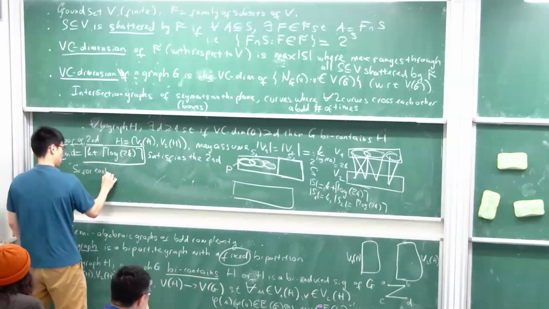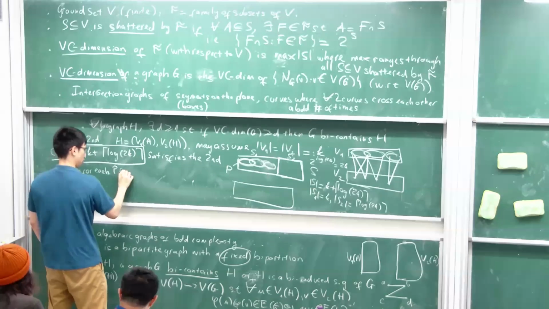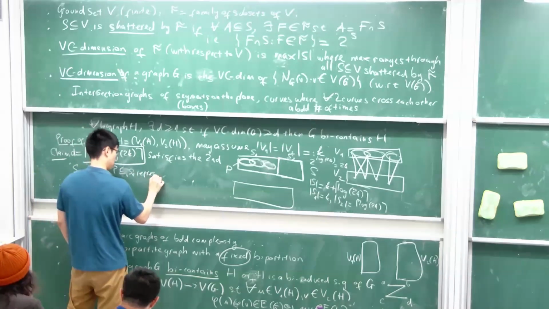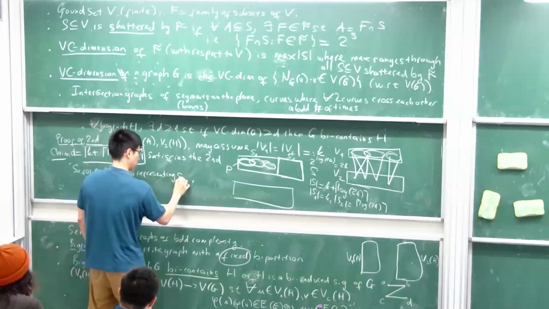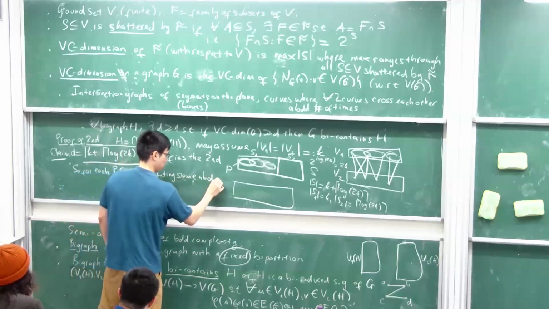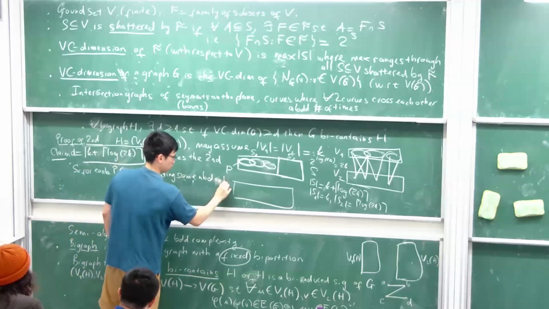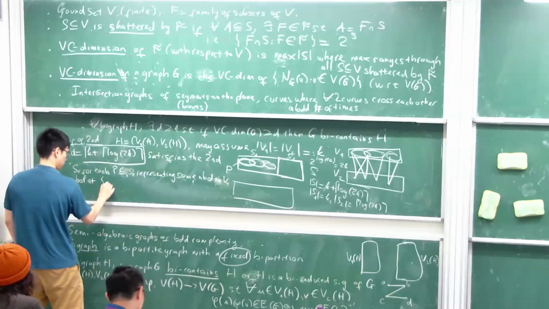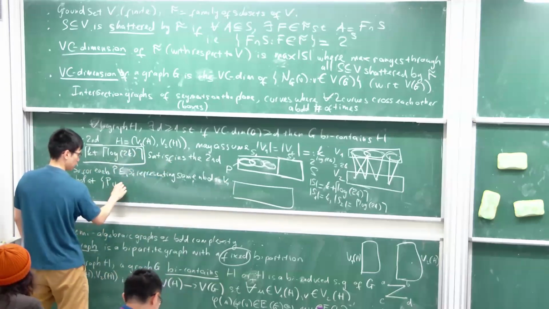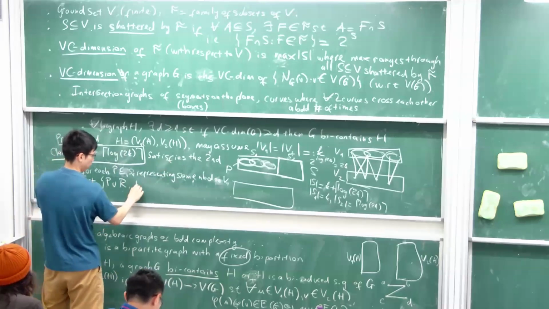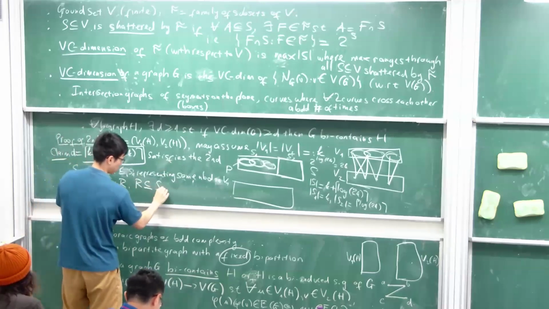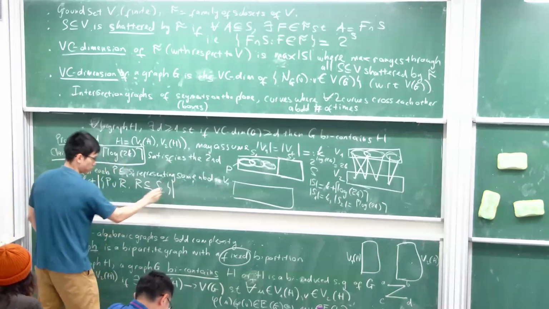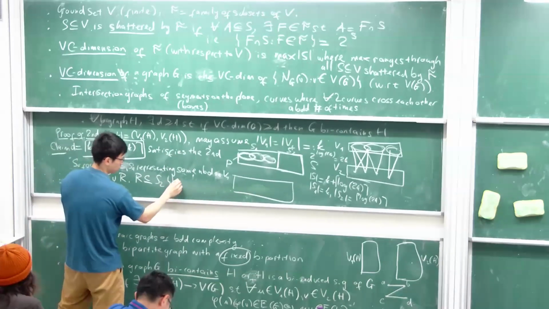So for each P representing some neighborhood in V1, I look at only P union R, where R is a subset of S2. Of course, the size of this family is at least 2K.